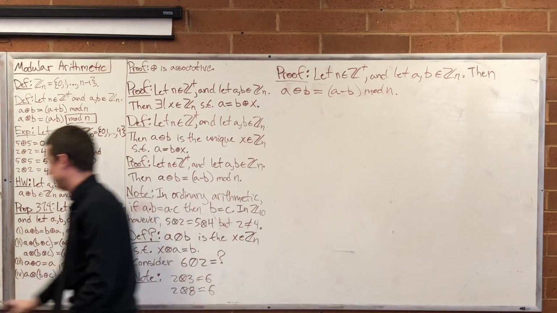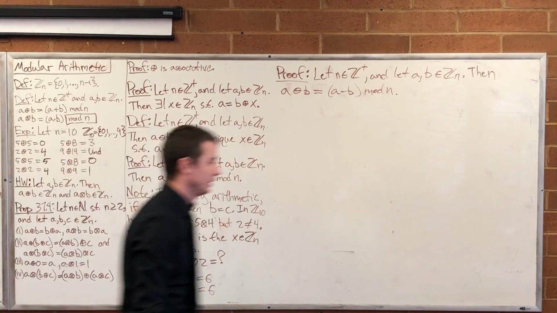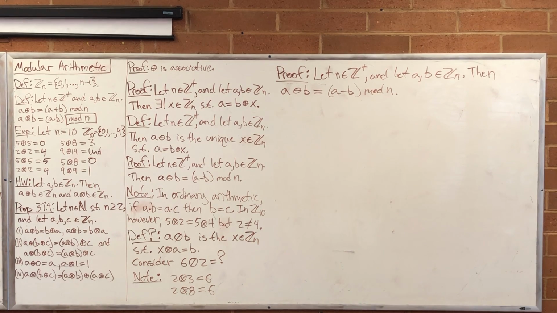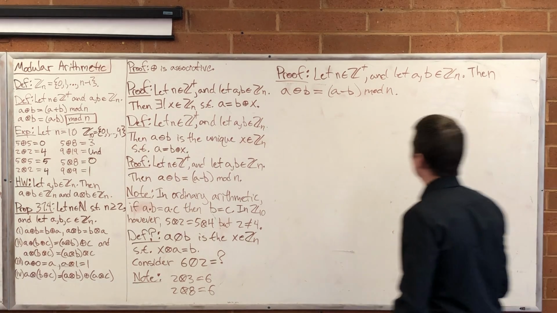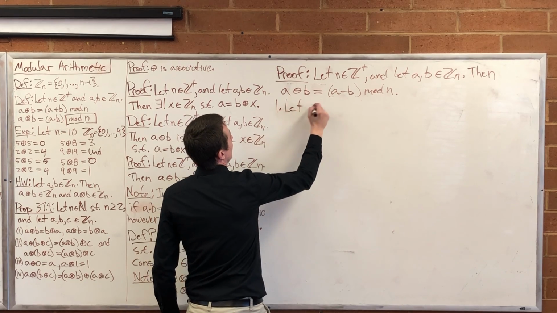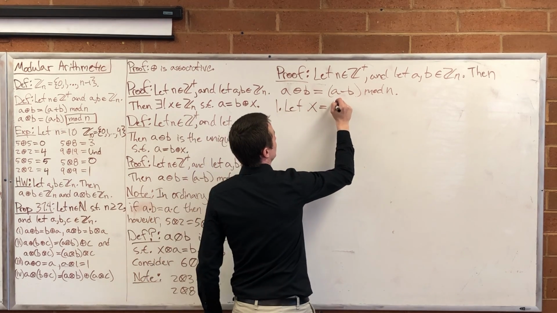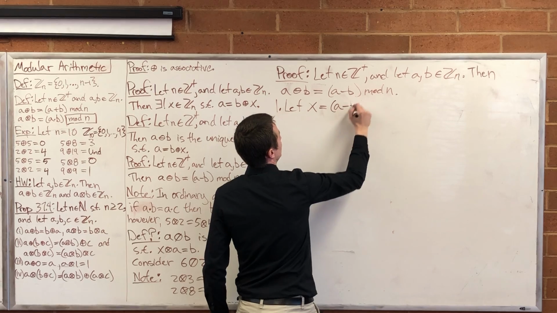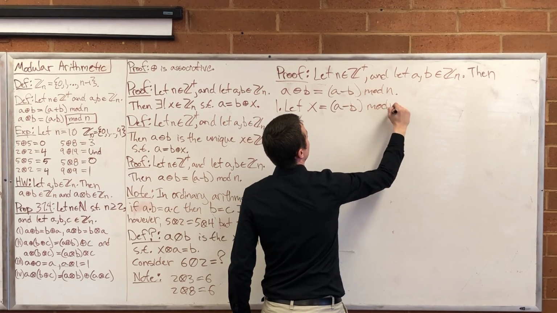So let's go over the 2 steps of the thing, because we're going to make x equal to just our a minus b mod n. I guess we don't have an x up there. So 1, let x, it's going to be very similar to our previous proof that we just did, equal a minus b mod n.